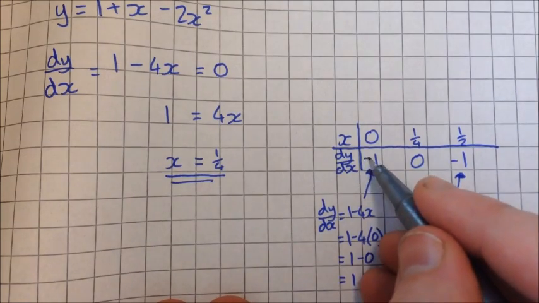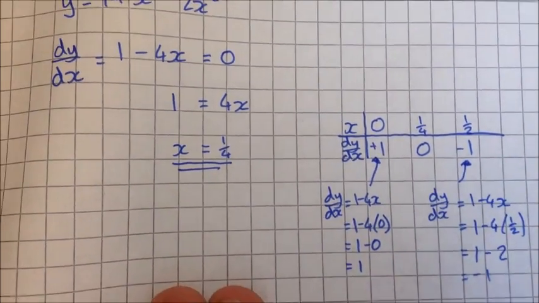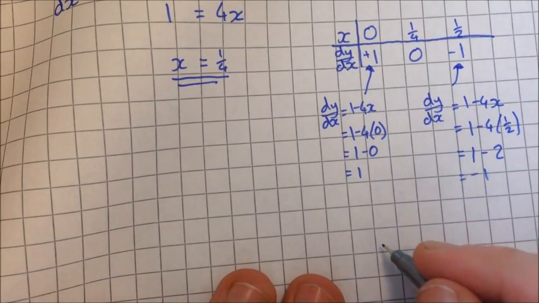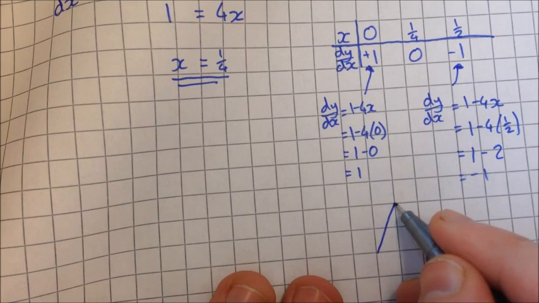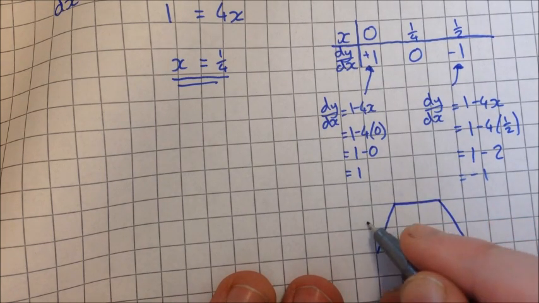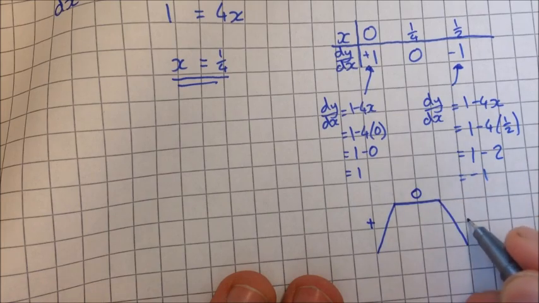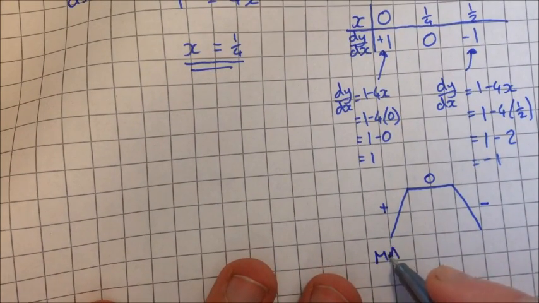So we've got a positive value, 0, and a negative value. What that looks like, we get a positive gradient, then a 0 gradient, and then a negative gradient. Positive, 0, negative. So that is a maximum point.